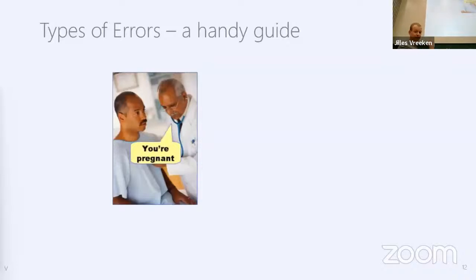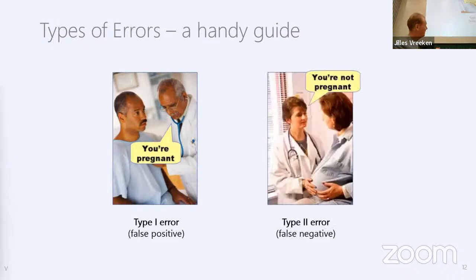These two gentlemen, well, let's not assume genders, but this is a false positive. And the other way around, type 2 error, it's a false negative. I know that the world has progressed and that anything is possible, but perhaps this helps as a mental image to separate type 1 and type 2: not pregnant versus pregnant.